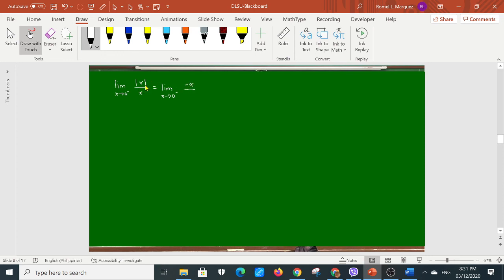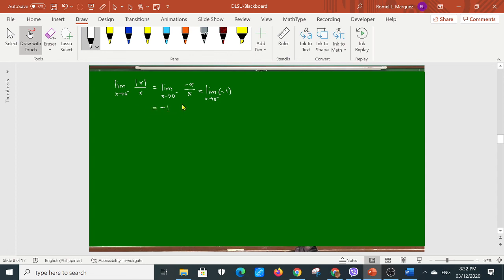Because x is to the left of 0, so negative. So the absolute value of x is negative x if x is less than 0, over x. So it is equal to the limit of negative 1 as x approaches 0 from the left. Finally, this is equal to negative 1.